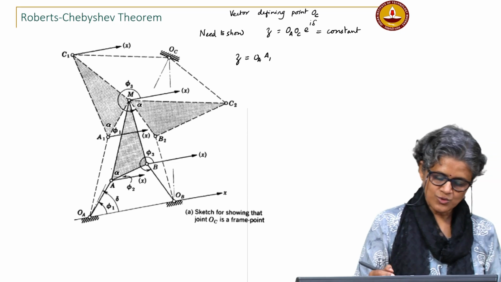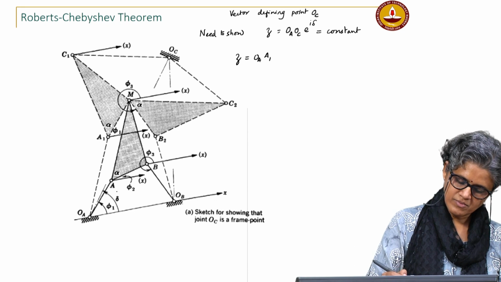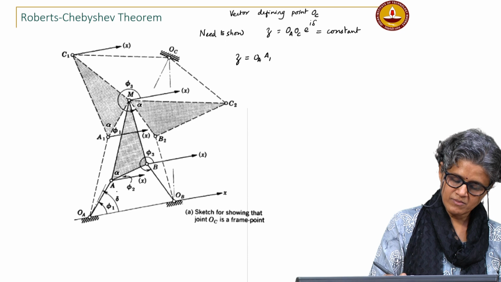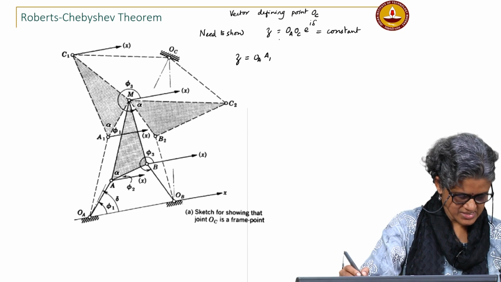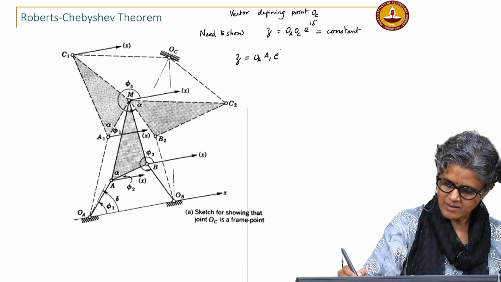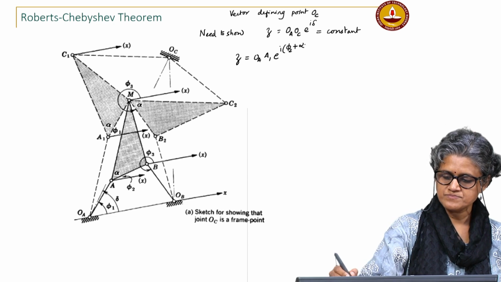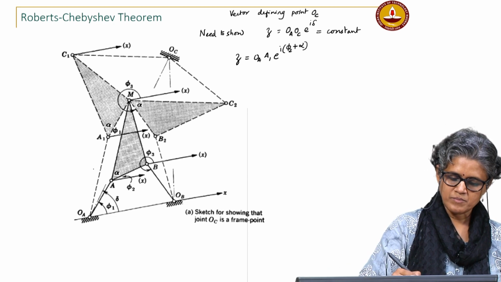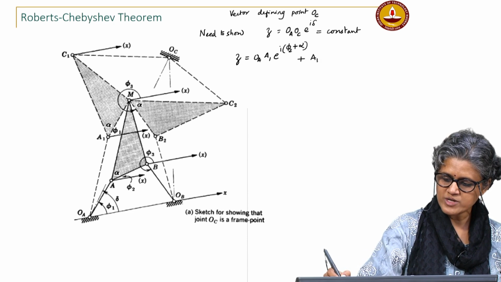So, the angle with respect to the positive x of that is e power I phi 2 plus alpha, that is the angle with the x axis, plus A1 C1, what is its angle?